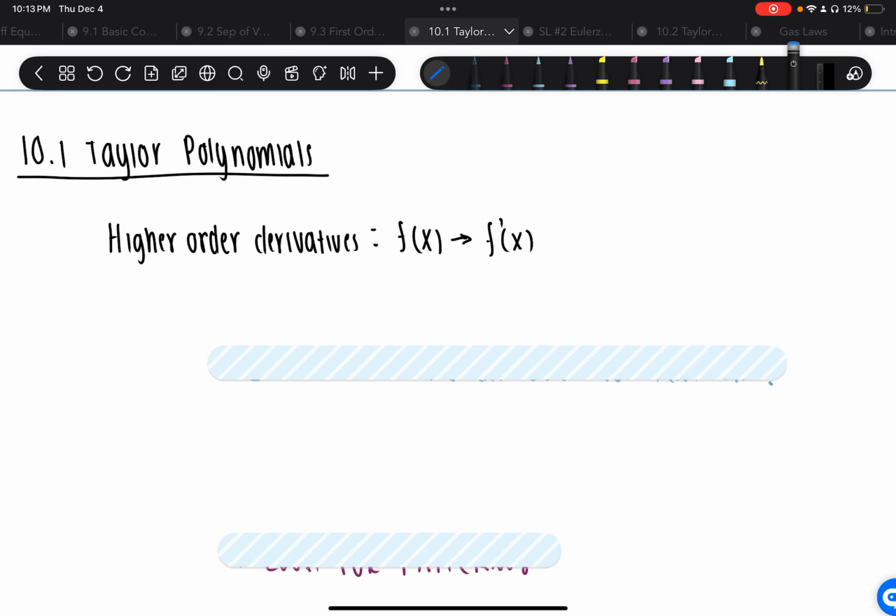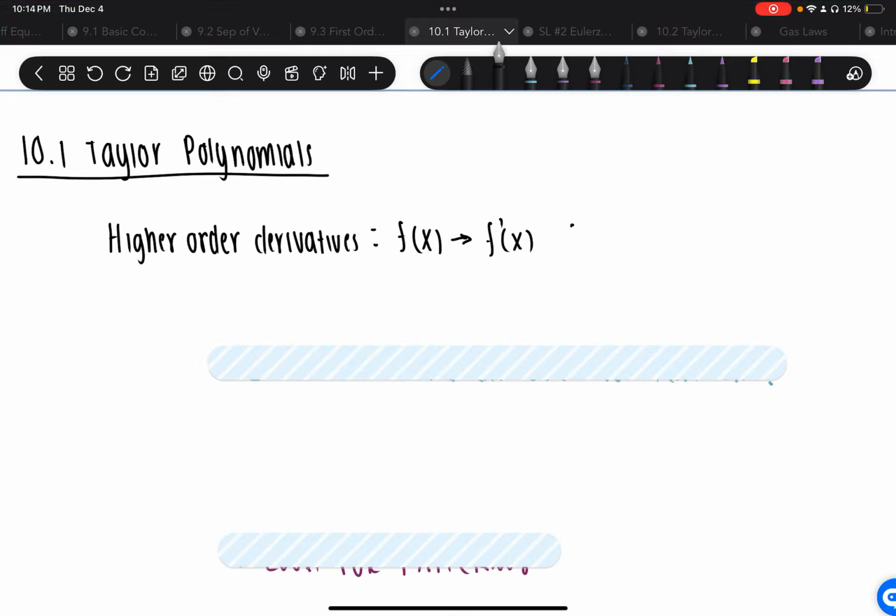So here we can see that to find the derivative of an f of x function, we have this little apostrophe above the f, and that shows that it's the derivative.